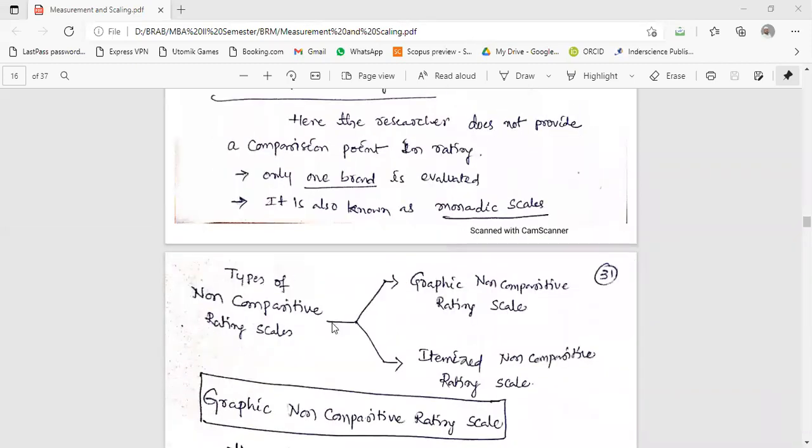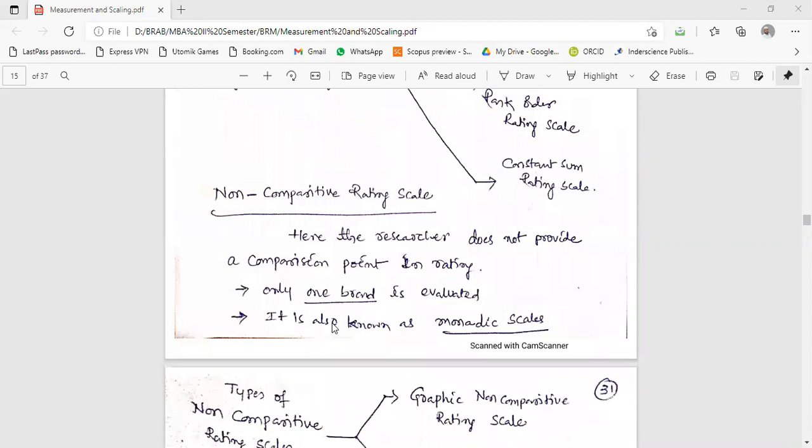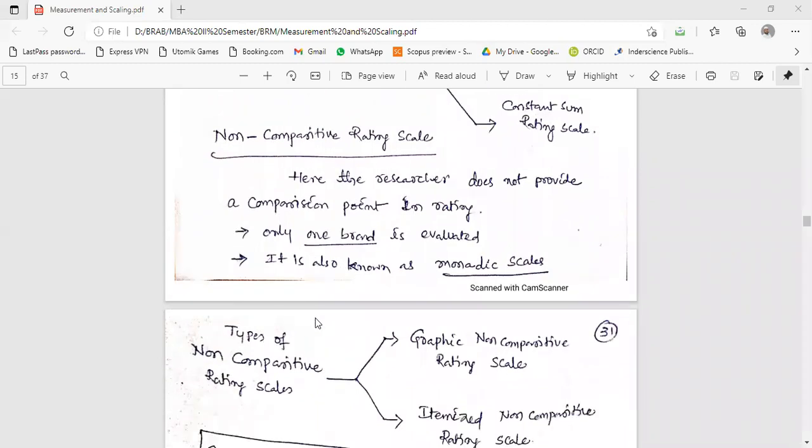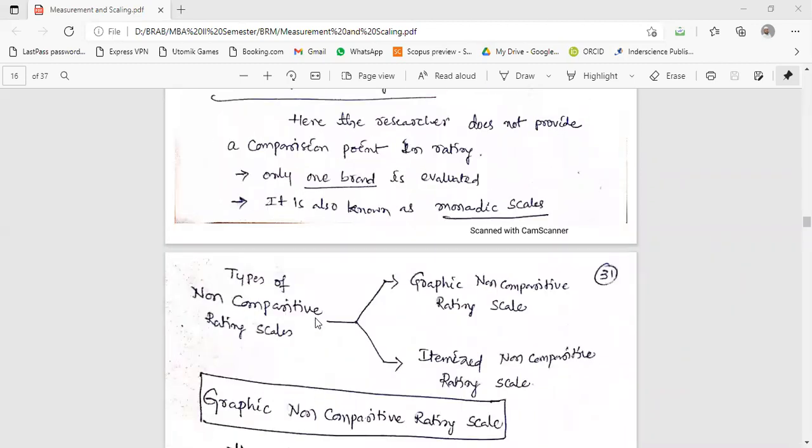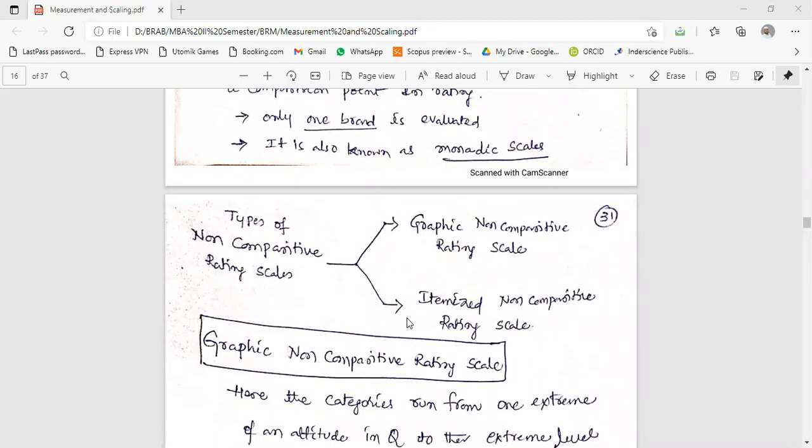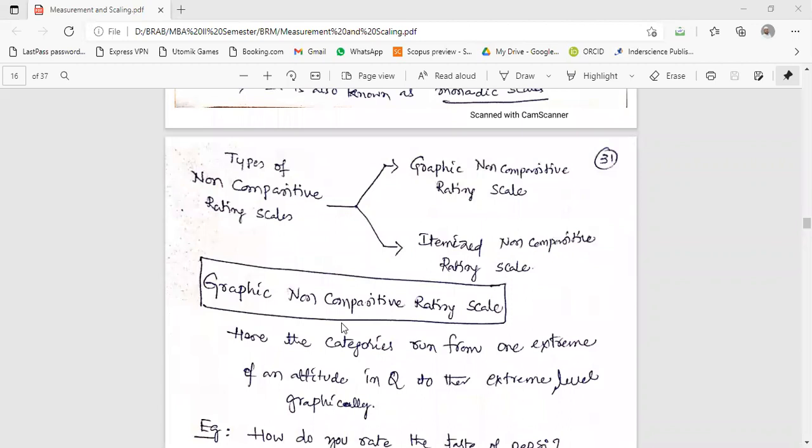So, types of non-comparative scales. There is a sub-classification of non-comparative rating scales: one is the graphic non-comparative rating scale and the other is the itemized non-comparative rating scale. So two types. What is the graphic non-comparative rating scale?